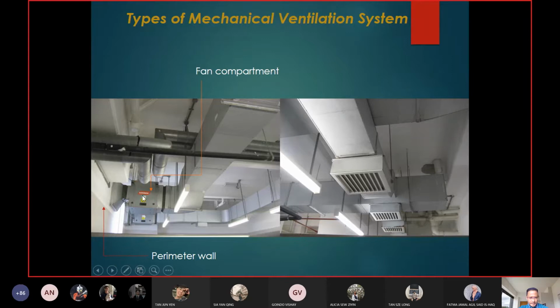So basically the fan is here. It actually sucks in the air in the toilet through this ducting, through this grill here. So the stale, polluted air, whatever smell inside the toilet, actually gets in here, and then is carried through the ductwork, and then exhausted or removed through this.